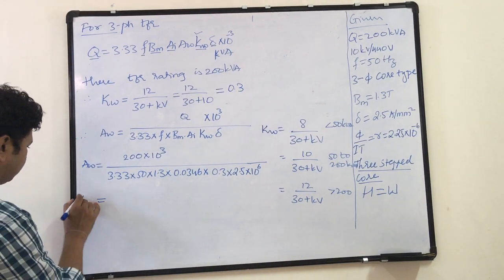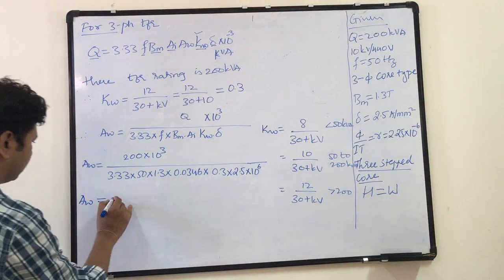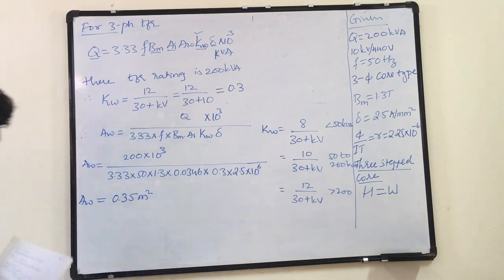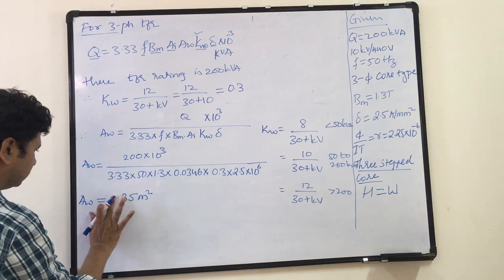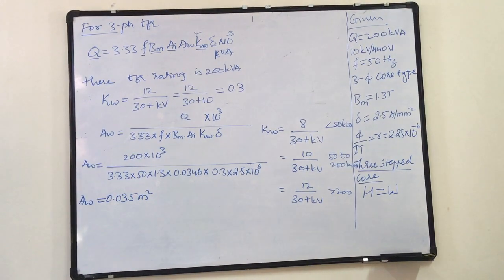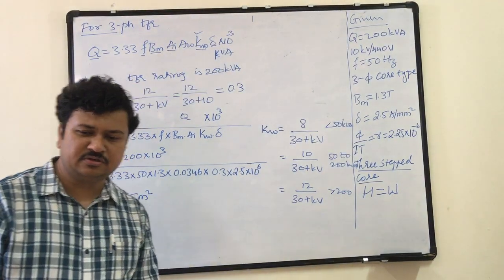Now area of window will come out to be 0.035 meter square.